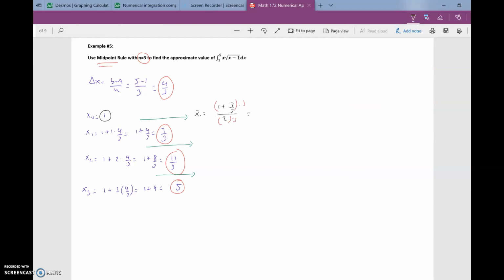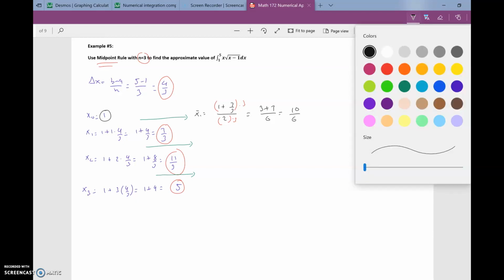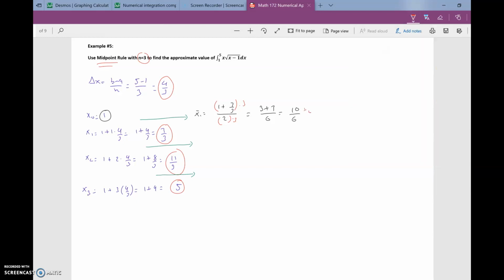This value happens to be 3 plus 7 divided by 6, or I'm getting 10/6, which we can reduce if we divide by 2, and we end up with 5/3.